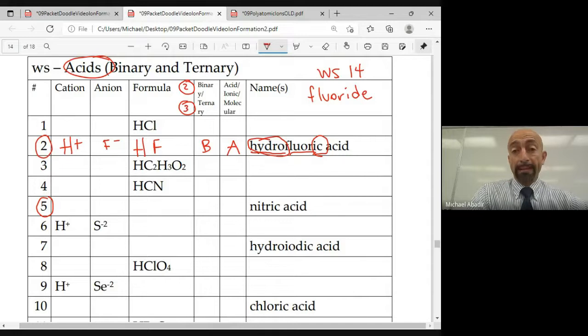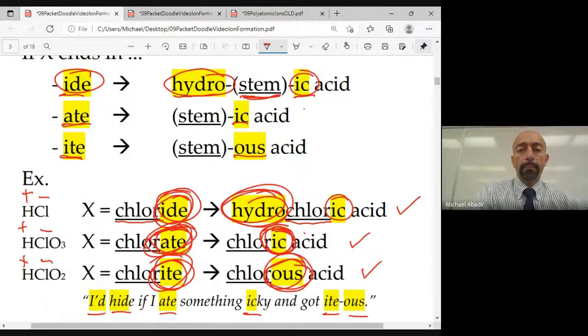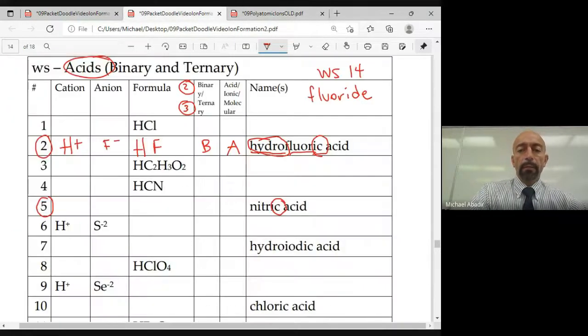Let's go to number 5. Number 5 says nitric. So ic came from ate. Now we're going to look at the stem and put it in front of ate. So here we have nitric. So the stem is NITR, and then we put it together with ate. So it came from nitrate.